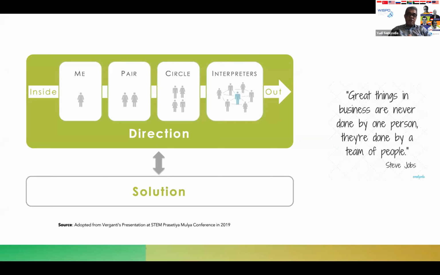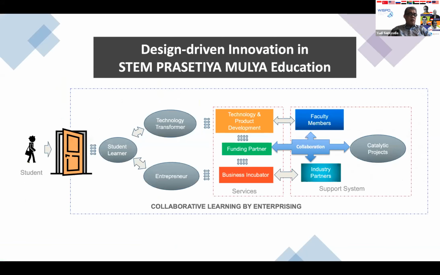And for your information, I think the great things in business are never done by one person. They are done by a team of people. So this means that this approach answers that idea.